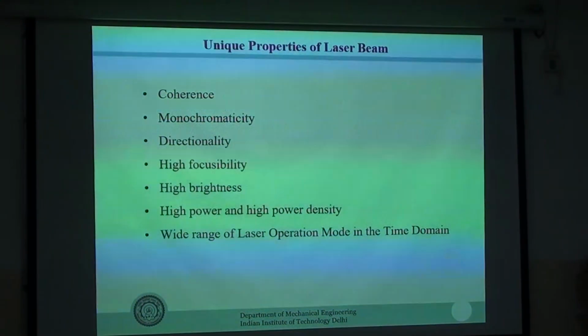Because if you see the literature, it will show a curve between wavelength versus absorptivity. Based on that only we select what laser to use, because there are different types of lasers. We have fiber laser, CO2 laser, excimer lasers, and depending upon how the lasing action takes place, or how the construction is made, you will have different wavelengths.